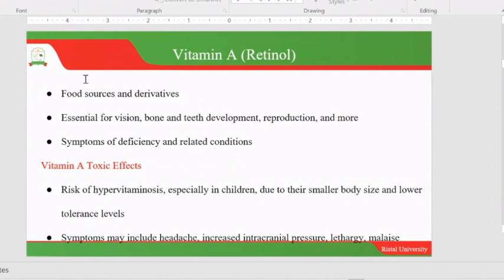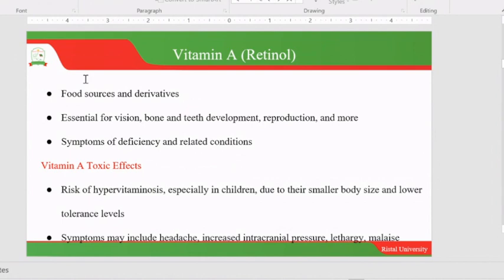For the food sources and derivatives, this could be got from eggs, it could be got from fish oil, since it is a fat soluble vitamin. But also we have plant-based foods such as carrots that give us the beta carotene and the carotenoids, for example.